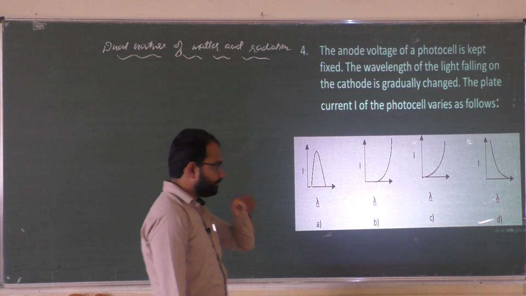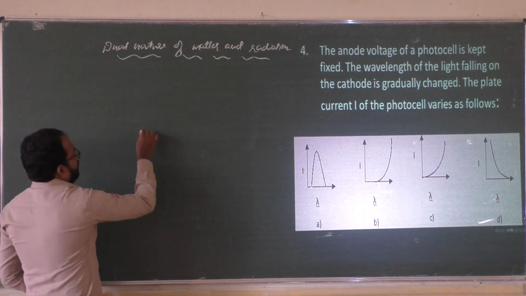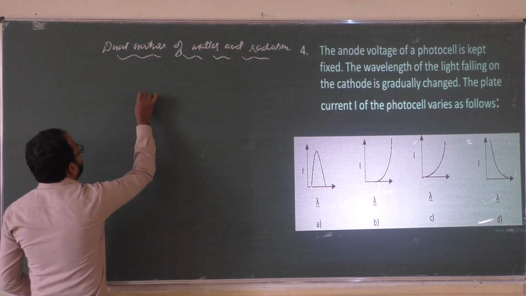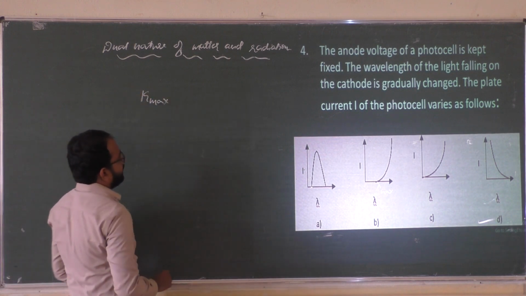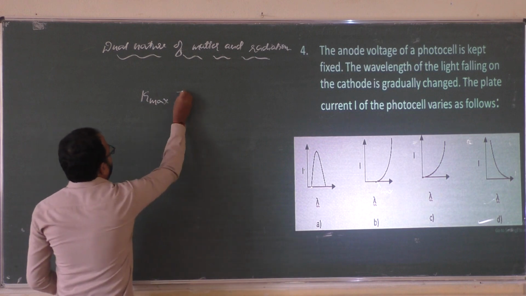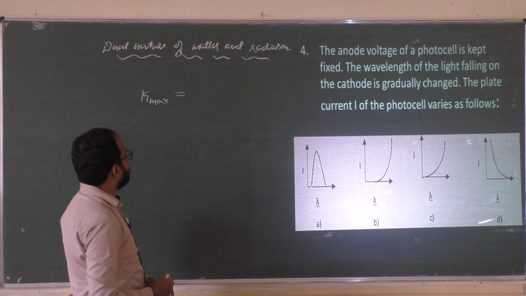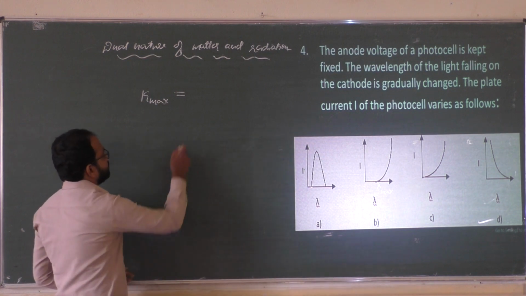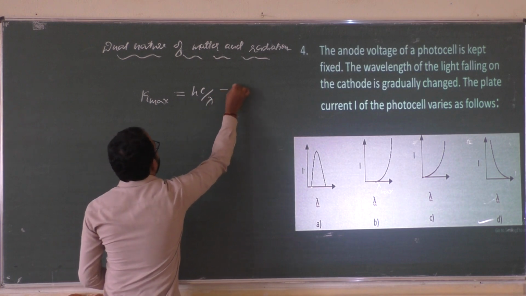Why? See, if I consider Einstein's photoelectric equation, the maximum value of kinetic energy of emitted photoelectrons is given by K maximum, which is equal to hc by lambda minus phi naught.